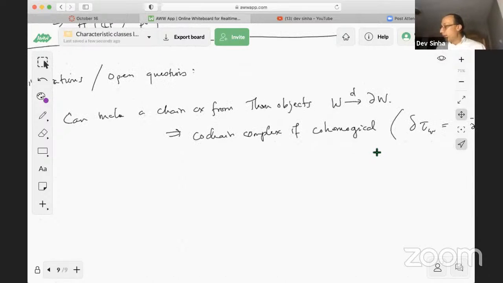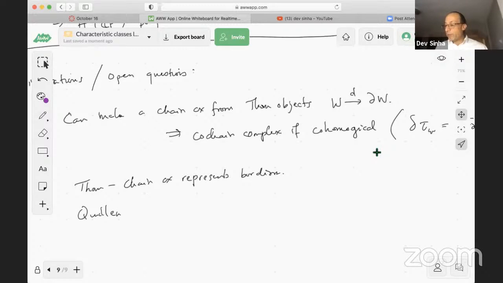First of all, what you want is that the Thom chain complex almost by definition represents bordism.